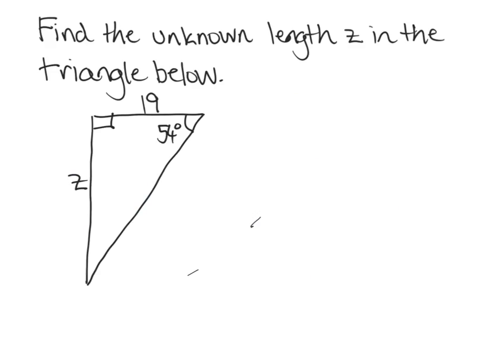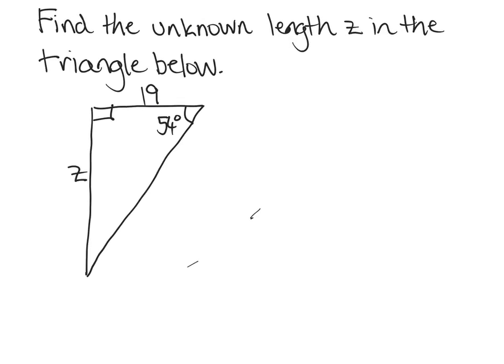One more. Here's our reference angle, so theta will be 58. Straight opposite the reference angle is the opposite side. The opposite side is straight across from the reference angle. Opposite the right angle is the hypotenuse, and right next to the reference angle is the adjacent side.